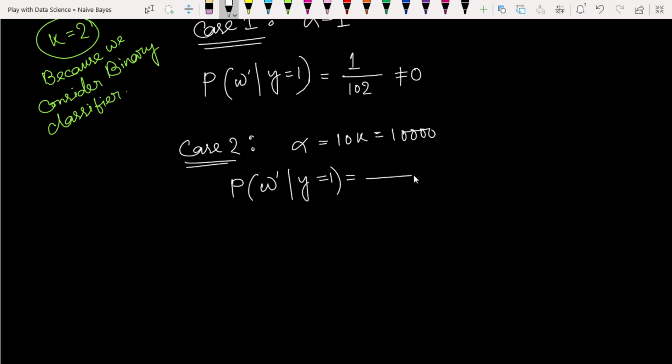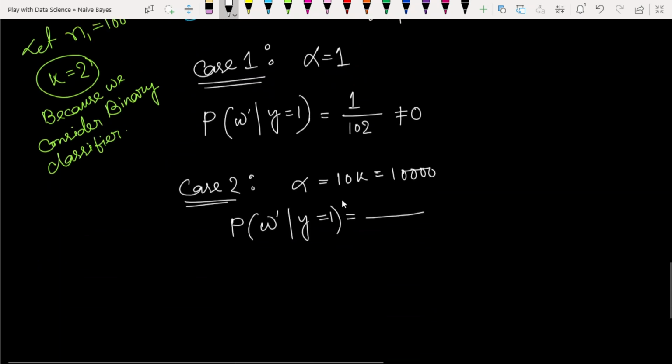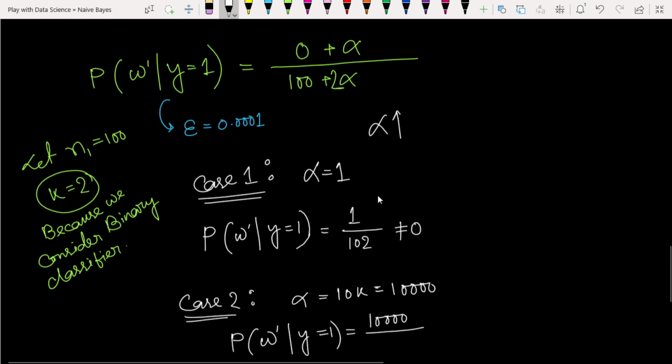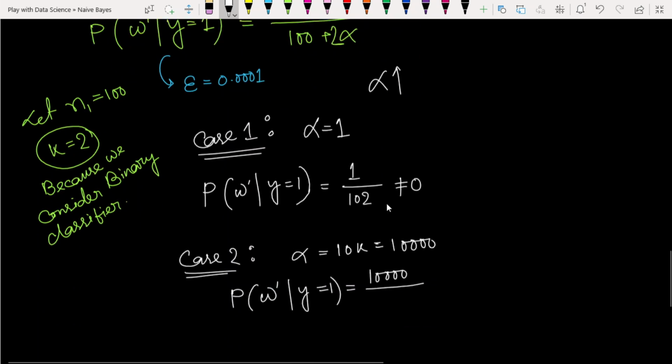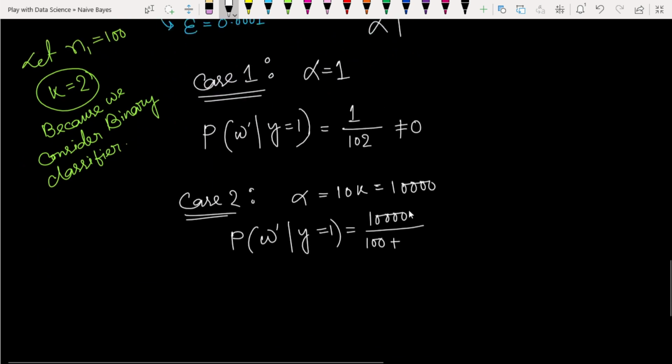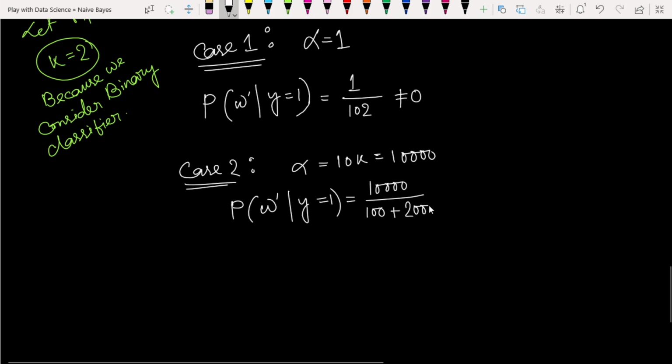The numerator will be 10,000 plus 1, and the denominator will be 100 plus 20,000. So now this is approximately equal to 10,001 by 20,100, which is about a half.